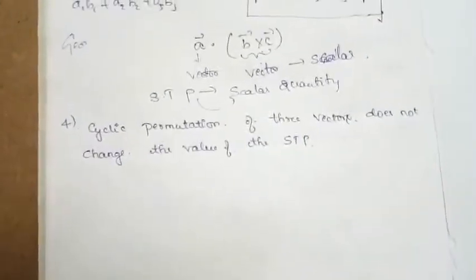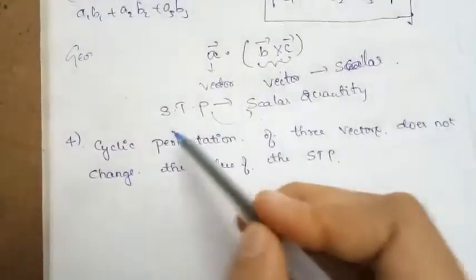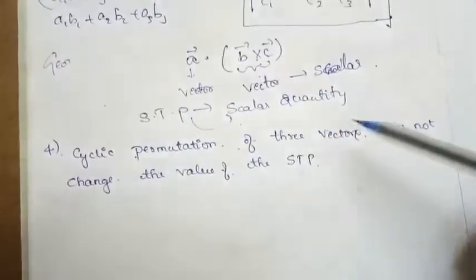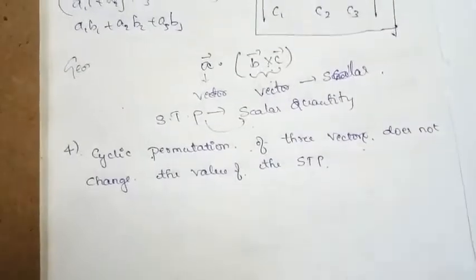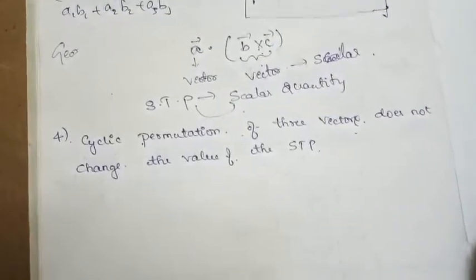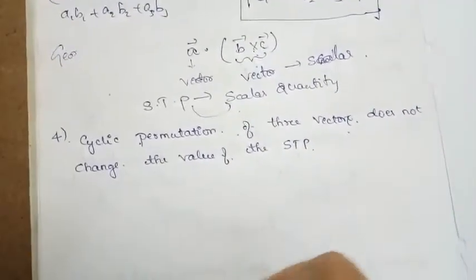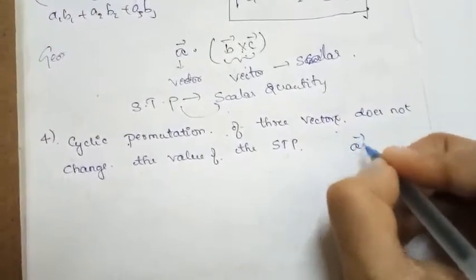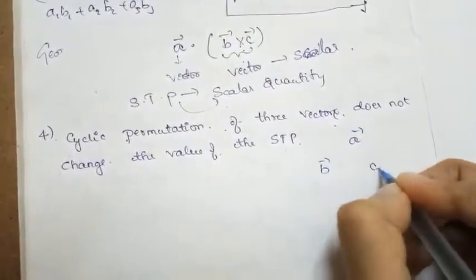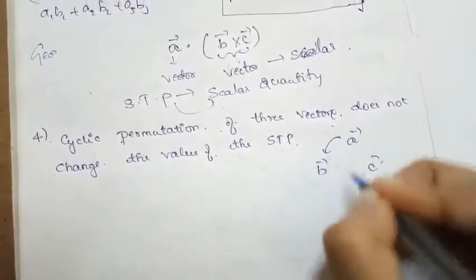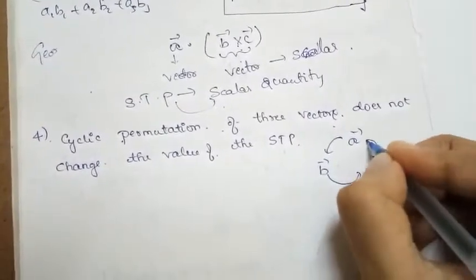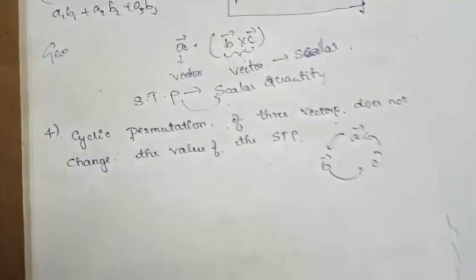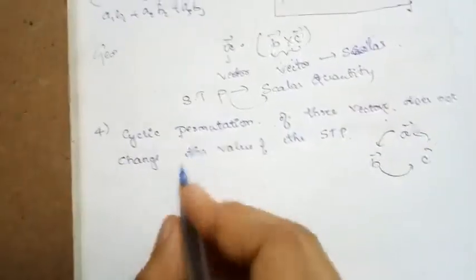So the next observed result says that cyclic permutation of three vectors does not change the value of the scalar triple product. So what is this cyclic permutation? As you see, this is vector A, vector B, vector C. This anticlockwise direction is nothing but a cyclic way I am representing.